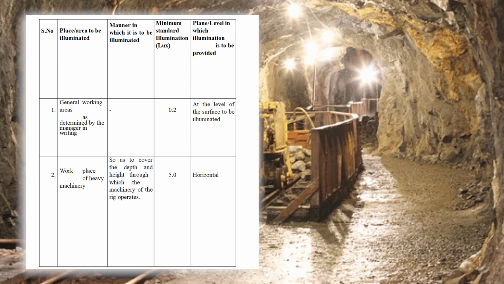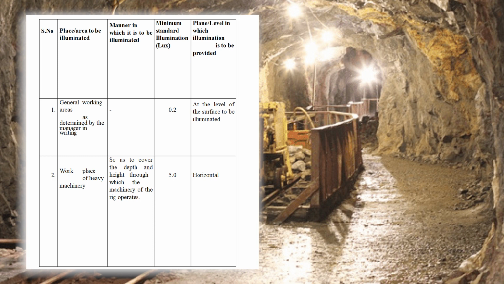You can see in the table the place or area to be illuminated, the second is the manner in which it is to be illuminated, then the minimum standard illumination in lux, then the plane level in which illumination is to be provided.